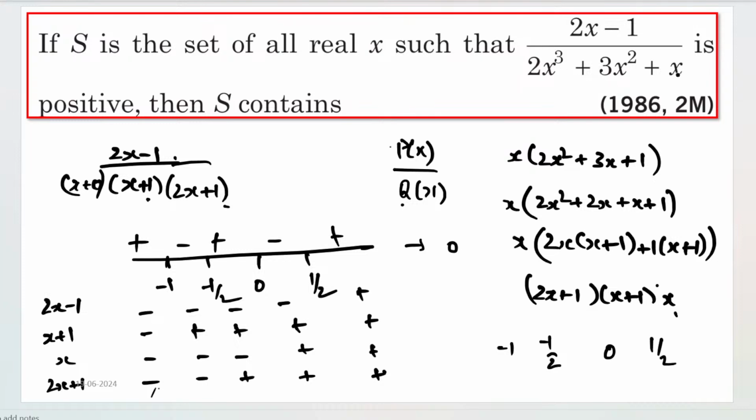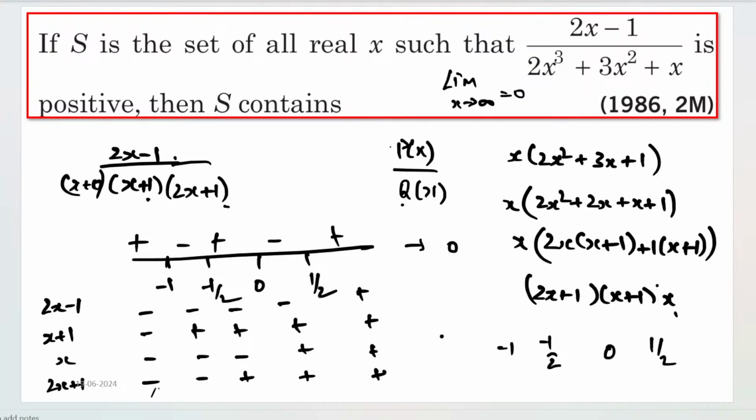Just check, when x tends to infinity, this limit is actually equal to 0, not 1. Please be careful.